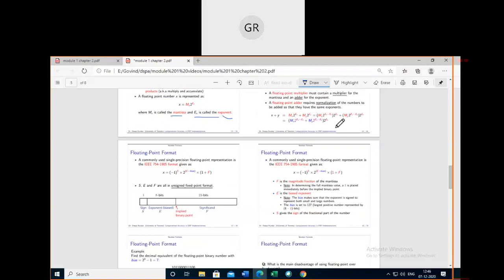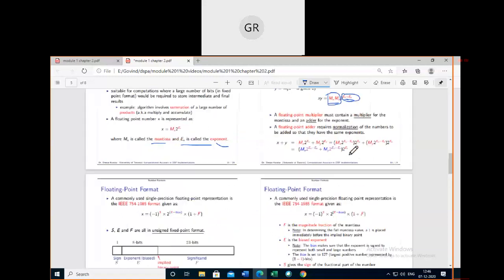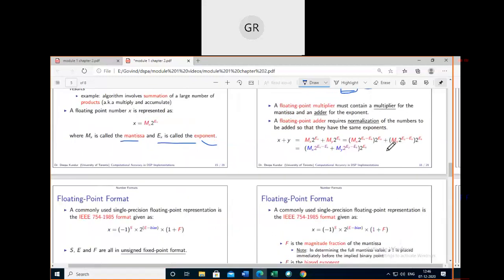Then mx into 2 raised to ex minus es, again multiplied by 2 raised to es, plus my into 2 raised to ey minus es, multiplied by 2 raised to es.